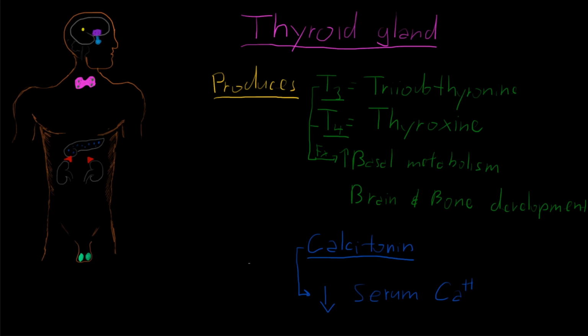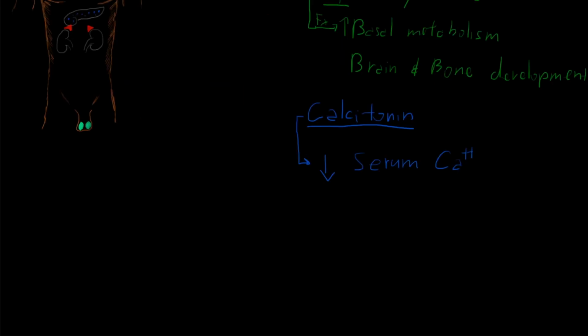Now you should know something about the diseases that are caused by deficiencies of these hormones. In case of the thyroid gland, the most notable affliction that you can get is goiter. Goiter is pretty common. This just refers to enlargement of the thyroid gland, and is often caused by iodine deficiency.